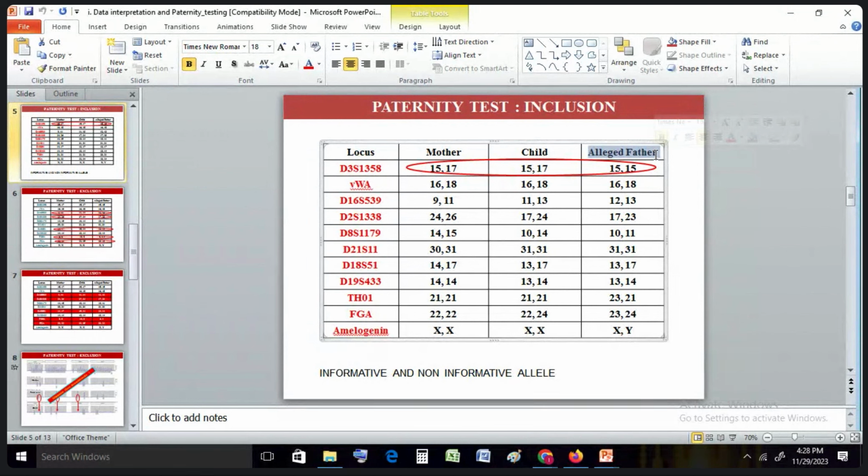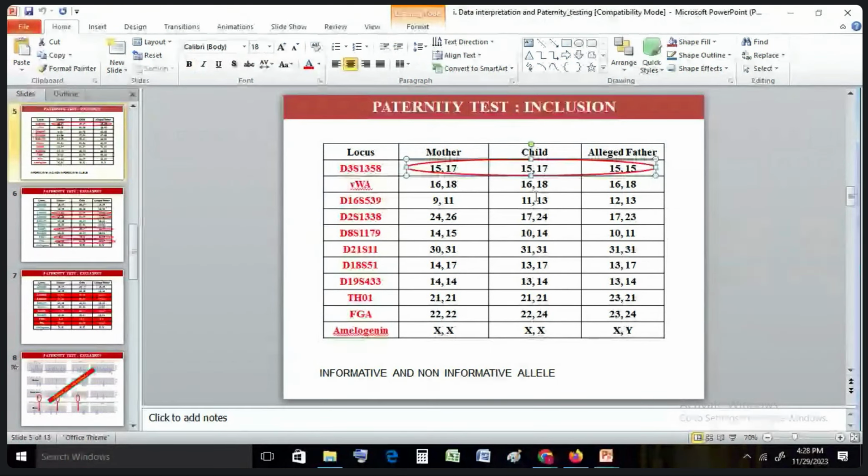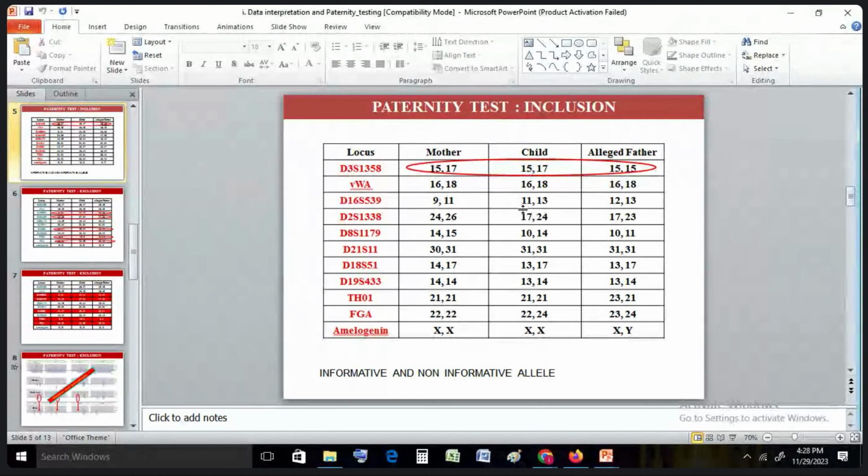Now you have to check. By definition, these children get for each and every locus 1 allele from the mother and 1 allele from the father. So these children should have 50% of their alleles coming from that alleged father and 50% of their alleles must come from this biological mother. Is that clear? Yes. Okay.